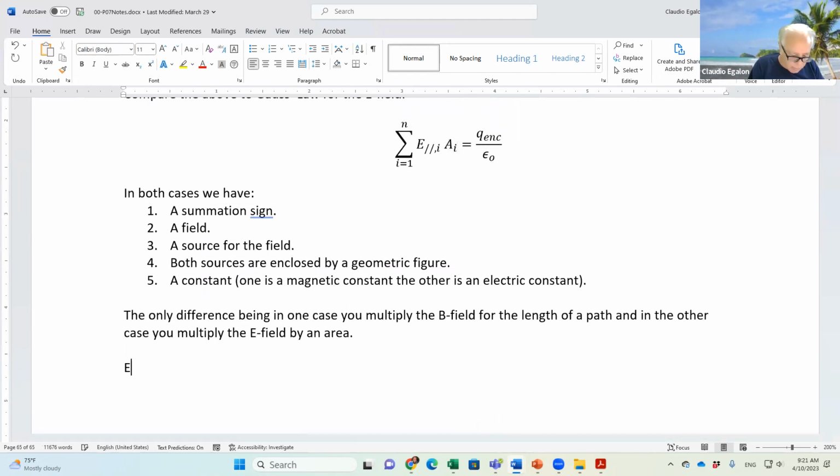Let's do some examples of how to calculate the magnetic field. I already showed you how to calculate the electric field. How to calculate the magnetic field now.